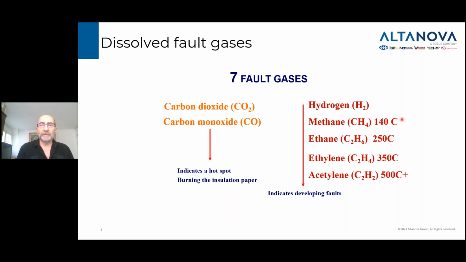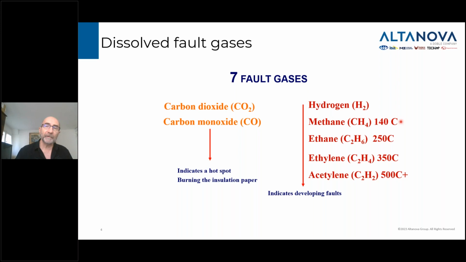So what happens is, when you do a DGA, depending on the gas that you find in your analysis, right away it gives you one piece of critical information. It tells you specifically the minimum temperature of that fault. So if you start seeing methane, right now you know that your fault temperature is at least 140.